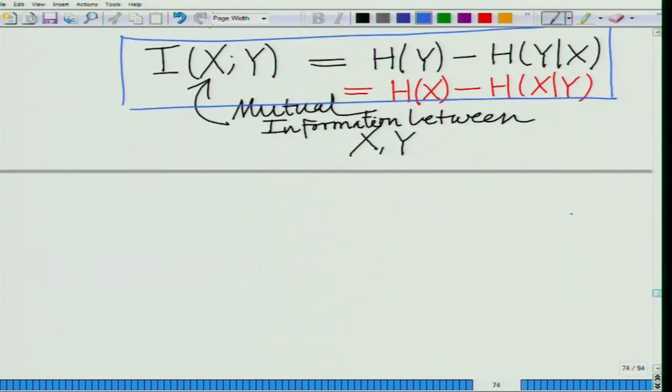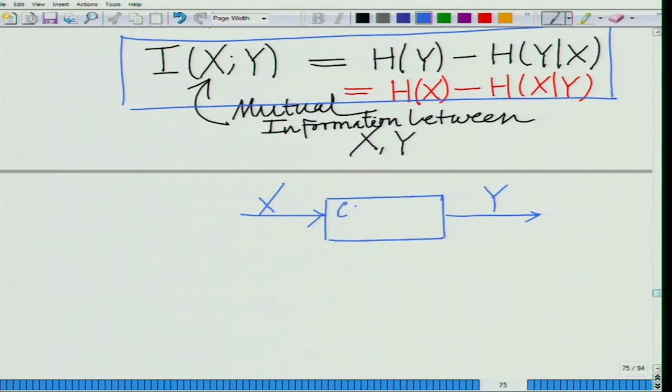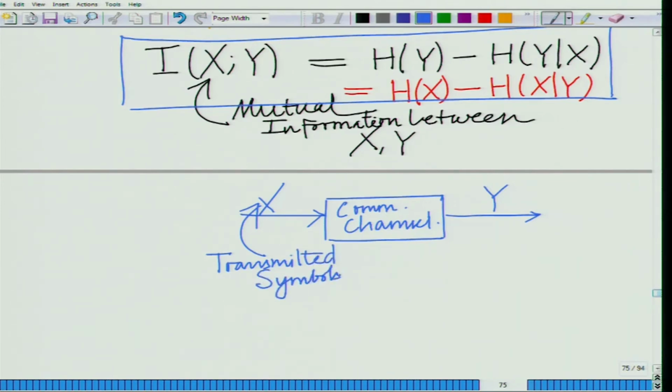For instance, as our aim is to characterize the fundamental limit on the performance of a communication system, you can have x, which are the transmitted symbols, and y, which are the received symbols, with a communication channel in between.